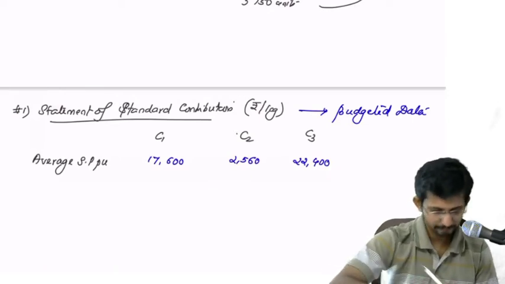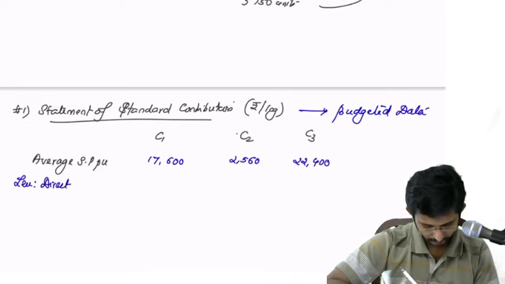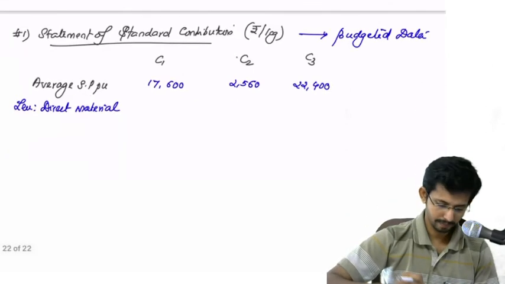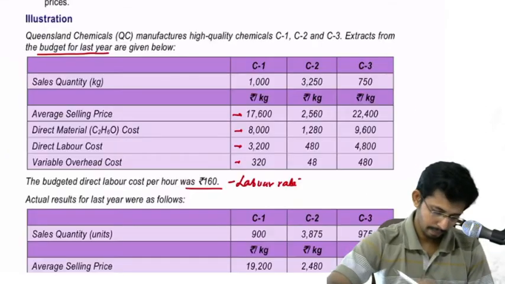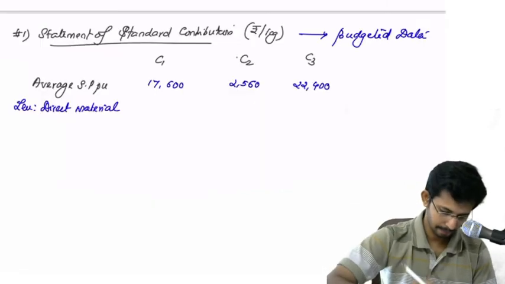Now less direct material. Material cost how much? 8000, 1280, then 9600.